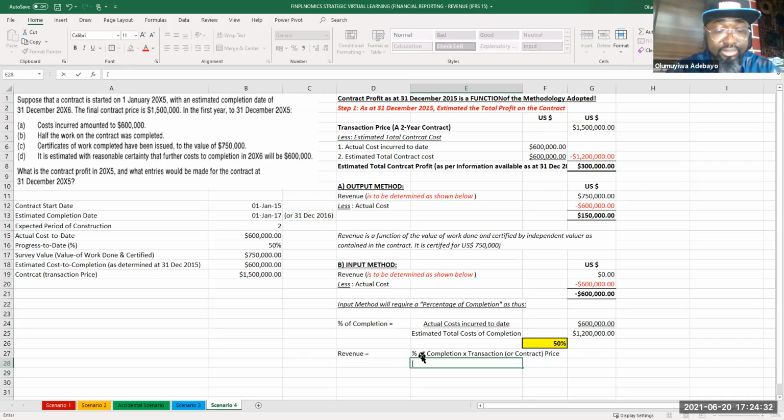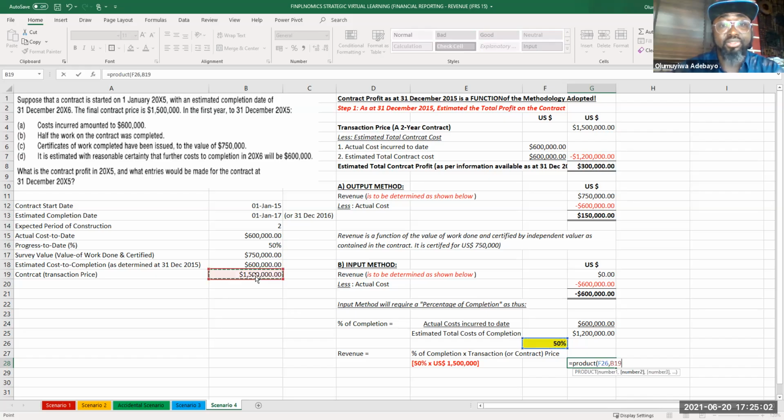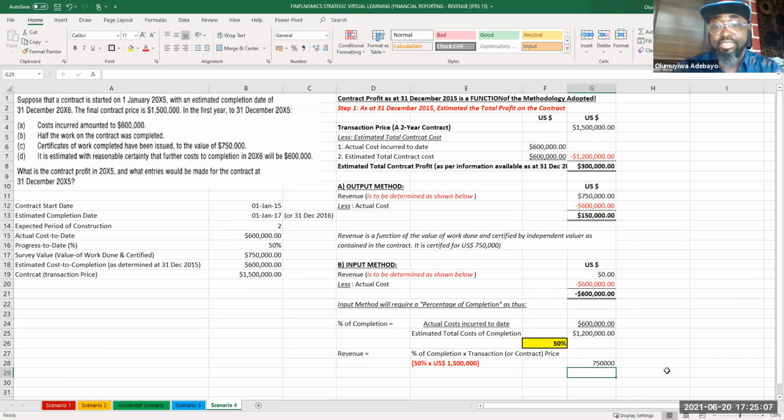And in that case, it is 50% multiplied by the 1.5 million. And that's how much? 50% multiplied by the contract price. And that's 750.